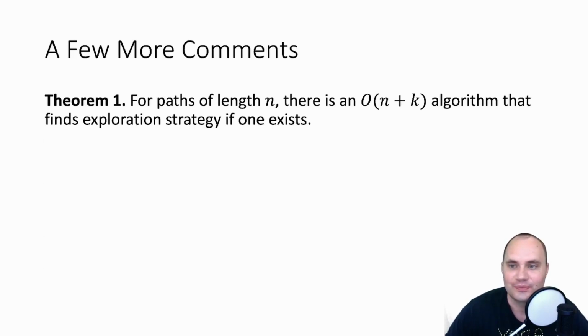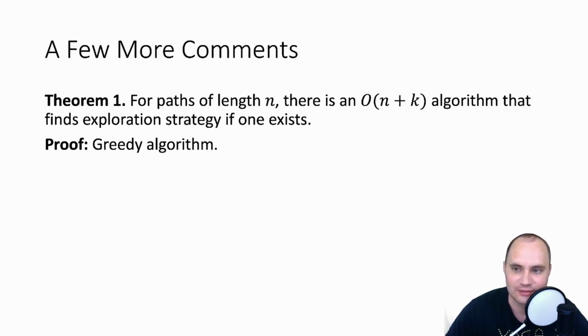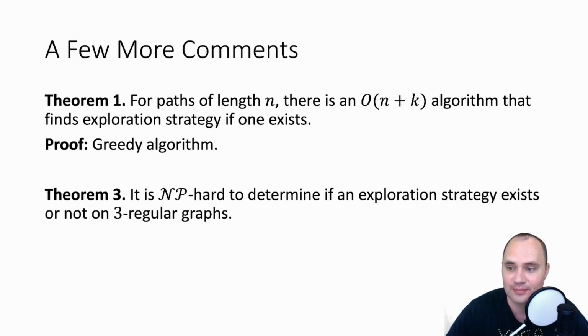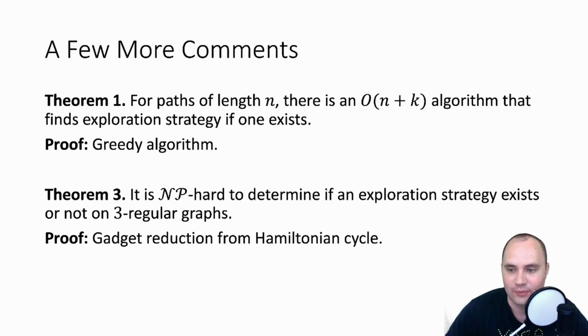Now, the theorem which gives an efficient algorithm for paths of length n to find an exploration strategy, if one exists, is achieved by a greedy algorithm. That algorithm, and proving its correctness, is non-trivial, and it illuminates interesting properties of different trajectories of the agents for the path. And to establish the NP-hardness in the case of 3-regular graphs, we use a gadget reduction from Hamiltonian cycle.